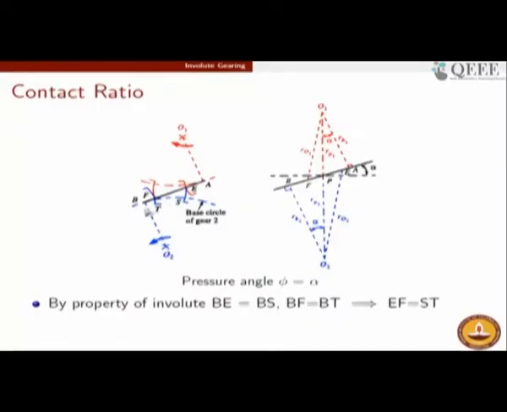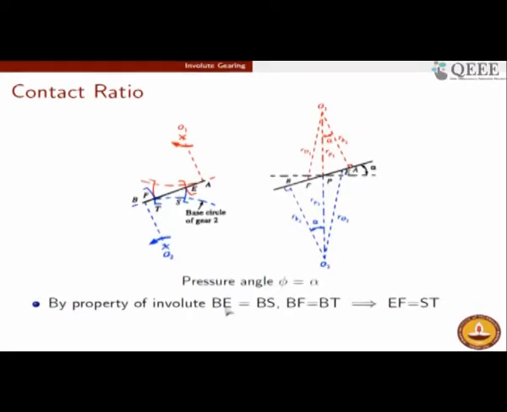So using this argument, if we now return to the picture that we were looking at, the BE portion of the string which has got unwound, if it were in a wound position, would have a portion of the circumference BS. So the BS portion of the string when wound up on the circle will conform to the BE portion of the string when it is unwound.